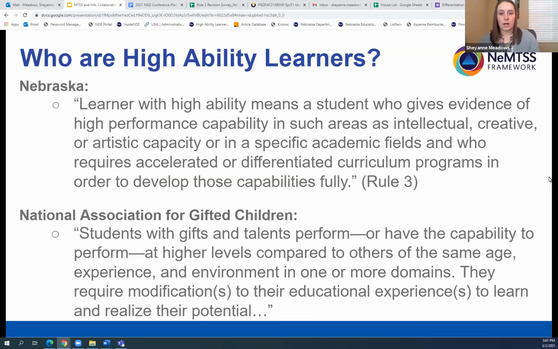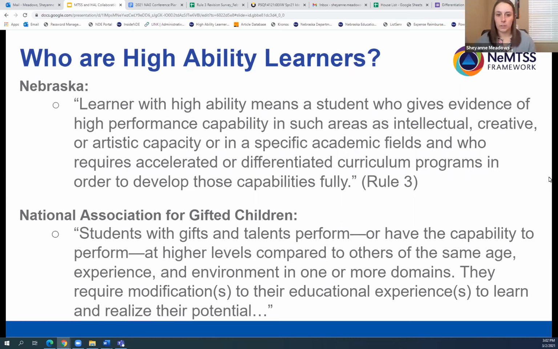So we're going to start really basic with a baseline of who are high ability learners in the first place. By definition for Nebraska Rule 3, which is the rule that governs high ability learners, you can see here that it's a student who has high performance capability that includes intellectual domains, creative, artistic, specific academic fields.